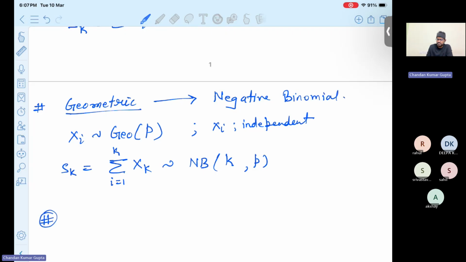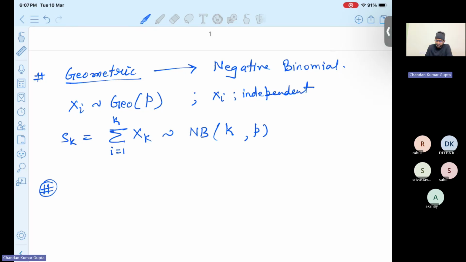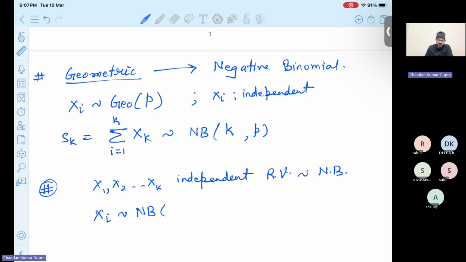Okay, the same case. What if X1, X2, Xk are independent random variables, and each follows a negative binomial distribution? That means Xi follows negative binomial with two parameters, suppose ri and p.